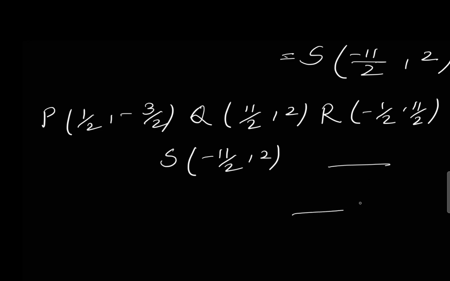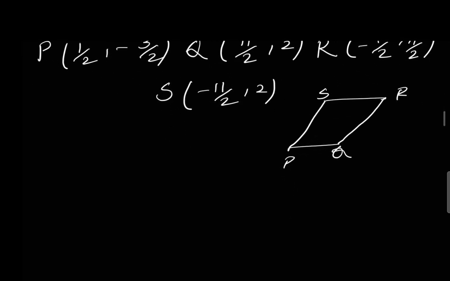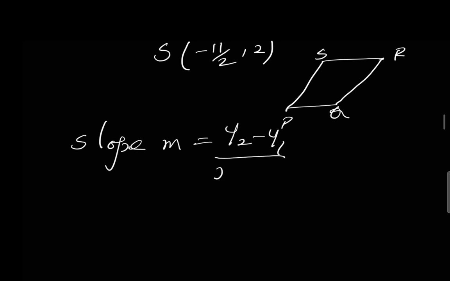We have to show it is a parallelogram, so we have to find the slopes of all four sides, as we have done in the previous sum. Write the slope formula: m is equal to (y2 minus y1) divided by (x2 minus x1).